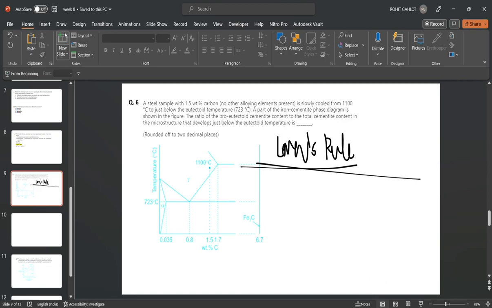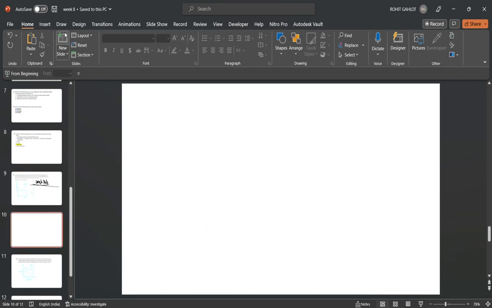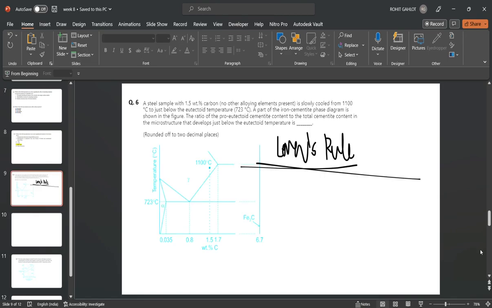There is a steel sample with around 1.5% carbon, and there is no other alloying element present, which is slowly cooled from 1100 degrees centigrade to just below the eutectoid temperature. So we need to find out the ratio of the pro-eutectoid cementite content to the total cementite content in the microstructure that develops just below the eutectoid temperature.